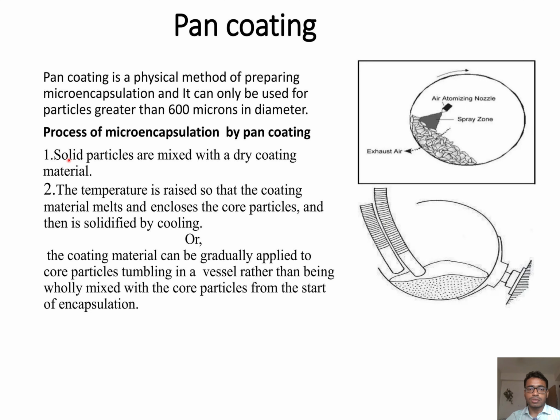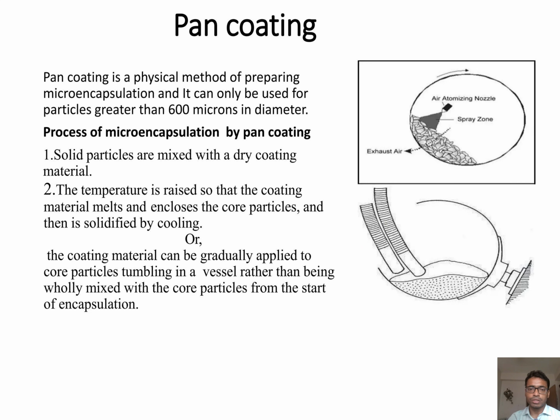However, there is another method like pan coating. Actually, this pan coating is just like tablet coating. It is one of our conventional methods for tablet coating. In pan coating, we keep the core in a conventional pan, then we spray. Upon the spraying and the rotation of the pan, the coating material will encapsulate the droplet.